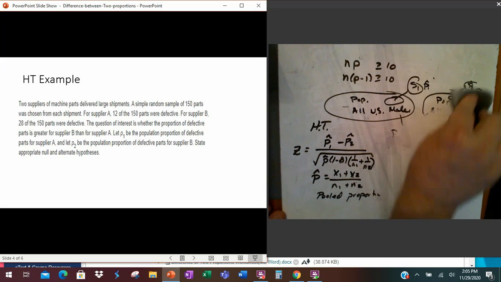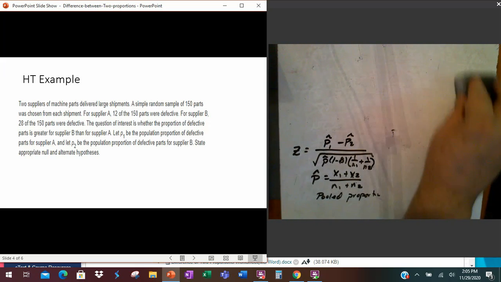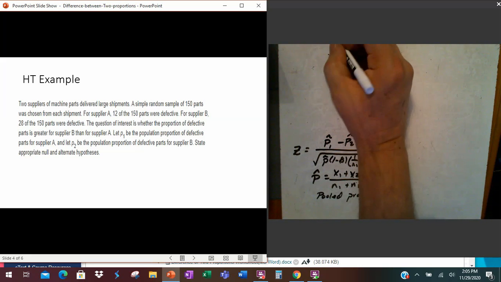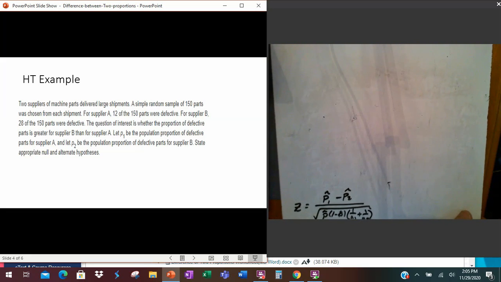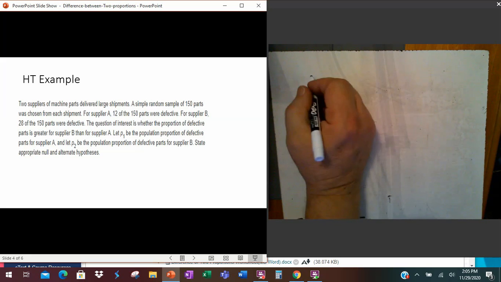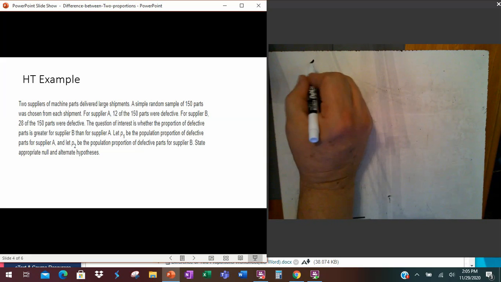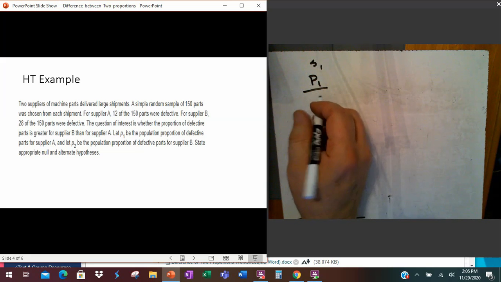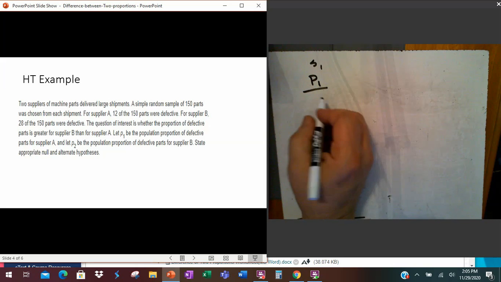Okay, so I'm going to keep those available for a second, and I'm going to leave that right down in the corner because we'll need that. Let's erase this piece. So here we've got the sample from P1, sample 1, and X1 is 12.